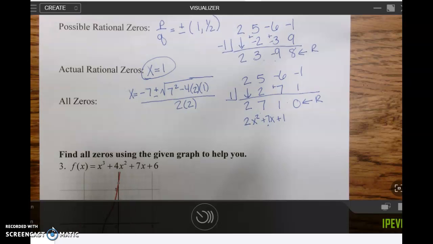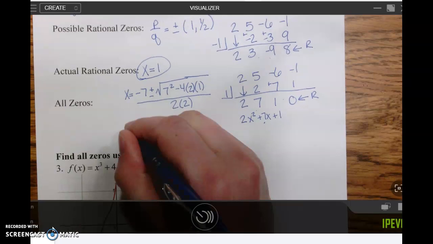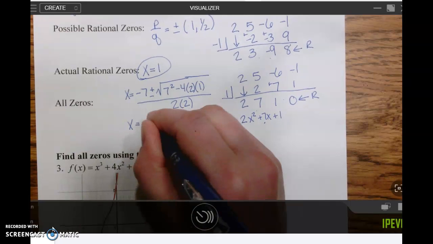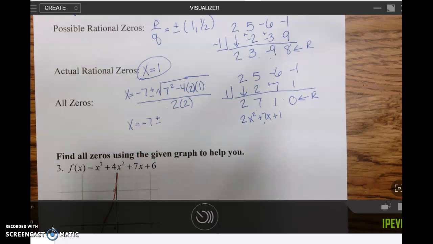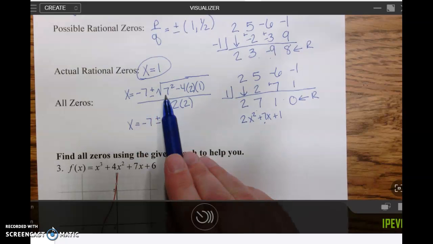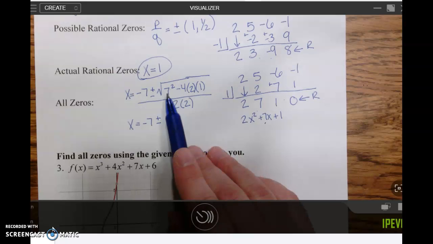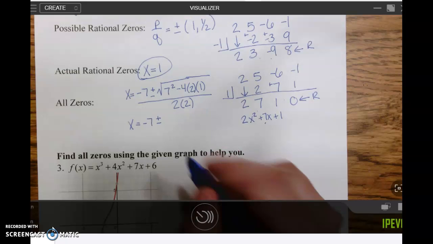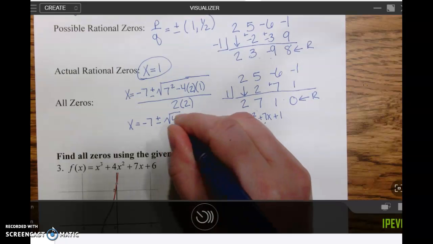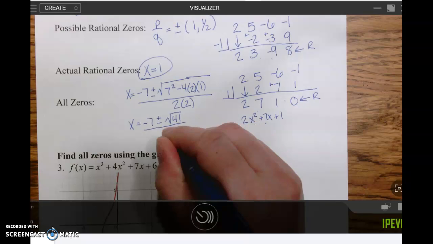So using the quadratic formula, we have -7 plus or minus the square root of, well, 7 squared is 49, minus 4 times 2 is 8, times 1 is still 8. So we have 49 minus 8, which is 41. So the square root of 41 all over 4.